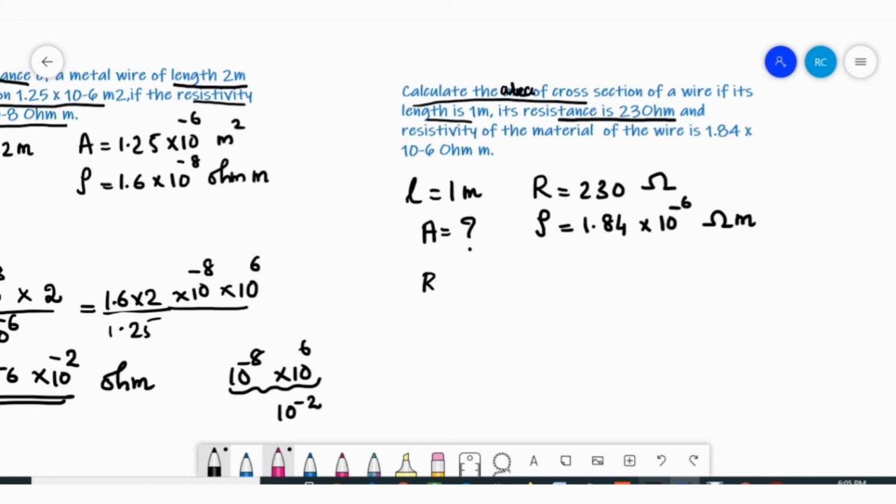So calculate the area of cross section. We have the expression R is equal to rho into L by A. If you cross multiply, you will get A into R equals rho into L. Therefore, A equals rho into L divided by R. This is the expression for area of cross section.